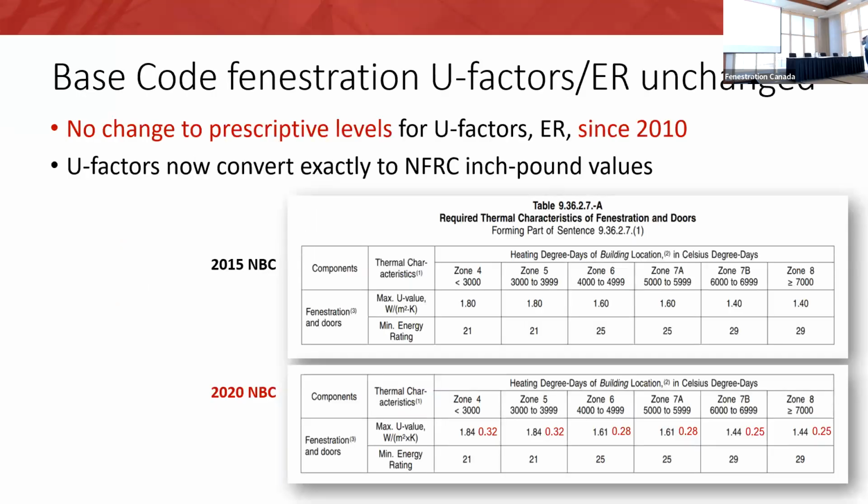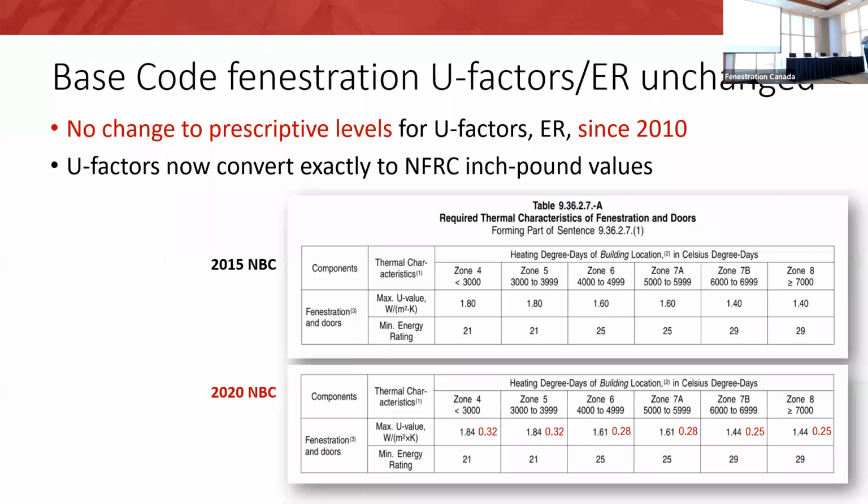So the base code U-factors and energy ratings have not changed since 2010. The only thing that's changed is that we're now using the metric U-factors, which have been increased slightly from 1.80 to 1.84, 1.40 to 1.44.